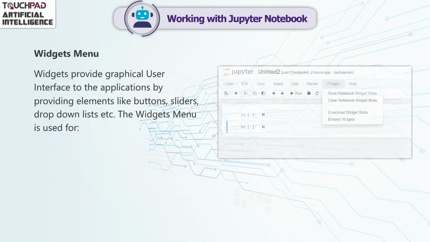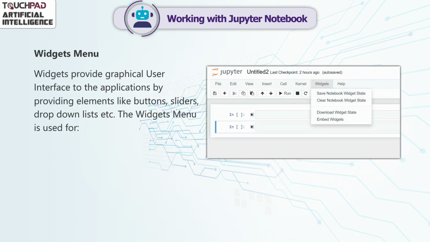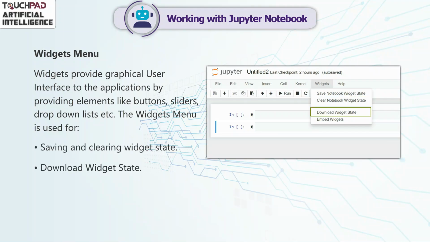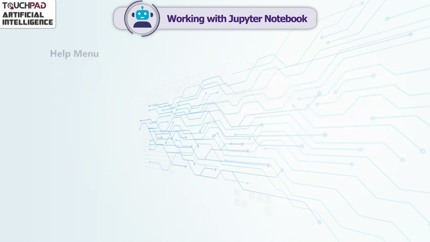Widgets menu. Widgets provide a graphical user interface to the applications by providing elements like buttons, sliders, drop-down lists, etc. The Widgets menu is used for saving and clearing widget state, download widget state, embed widgets.